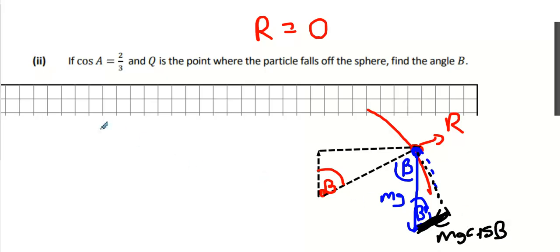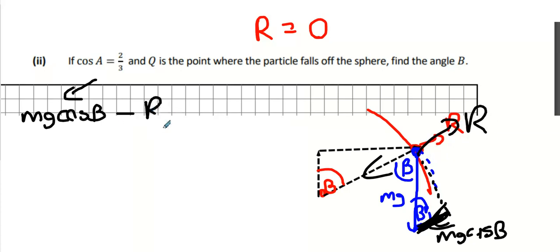Look at this. It's mg cos B aiming towards the center of the circle, isn't it? It's in the same direction as that, so they're both in the same direction. What's in the opposite direction? R. But what do we know about R? It's going to be 0 when it falls off.